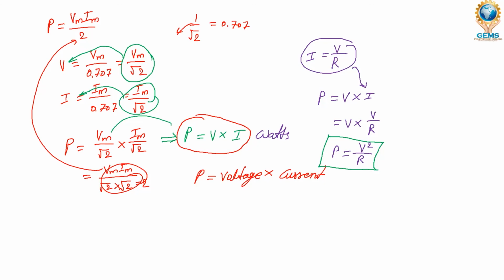If you substitute this V value here, in place of V, you get I into R into I. You will get the formula power equals I square into R. This is another formula.